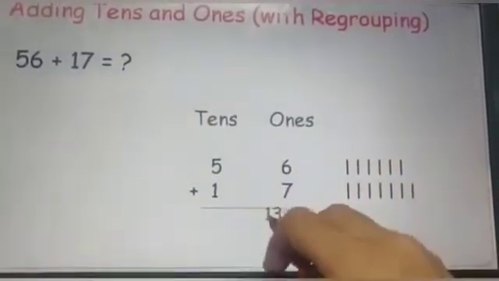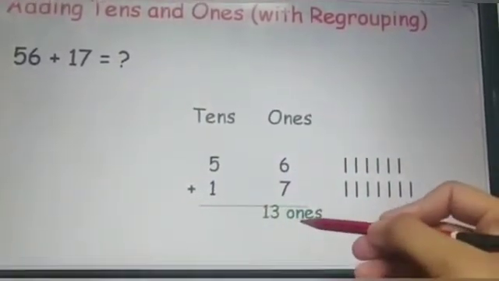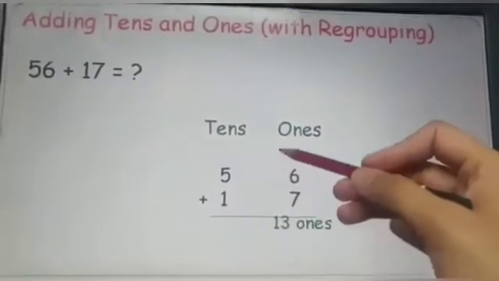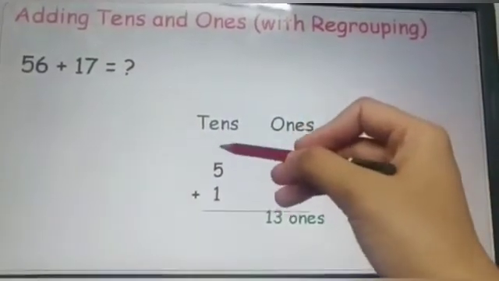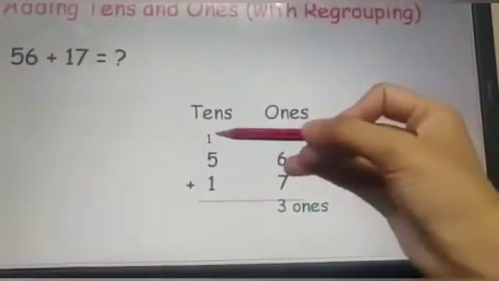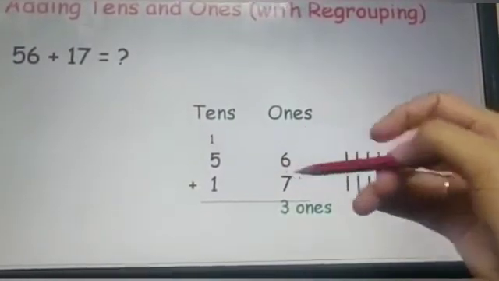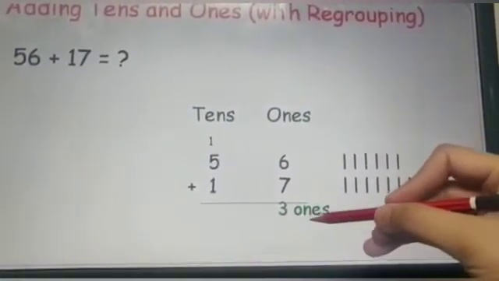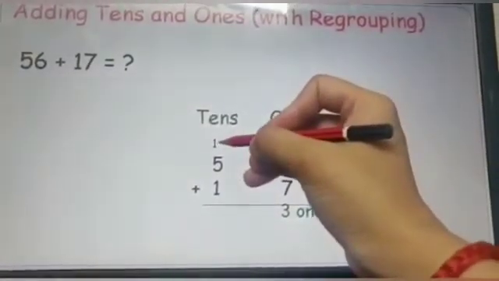We'll break this 13 ones into 10 ones and 3 ones. And that 10 ones, or I can say 1 ten, will be here as a carry. So 1 carry is here and 3 ones is here. The leftover 3 ones are here and 1 ten is here.